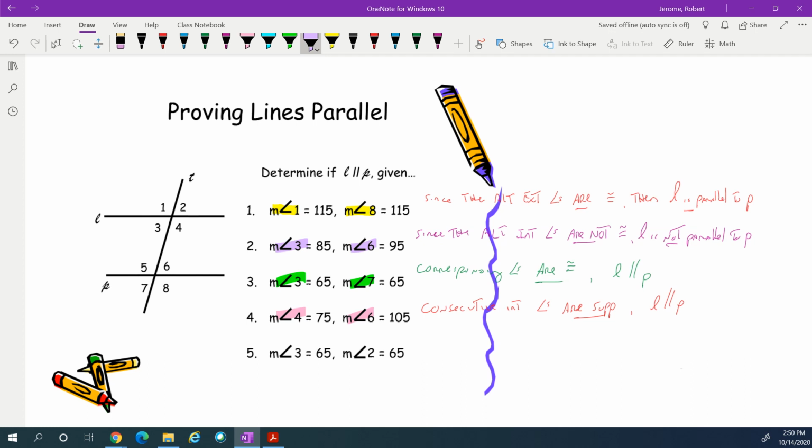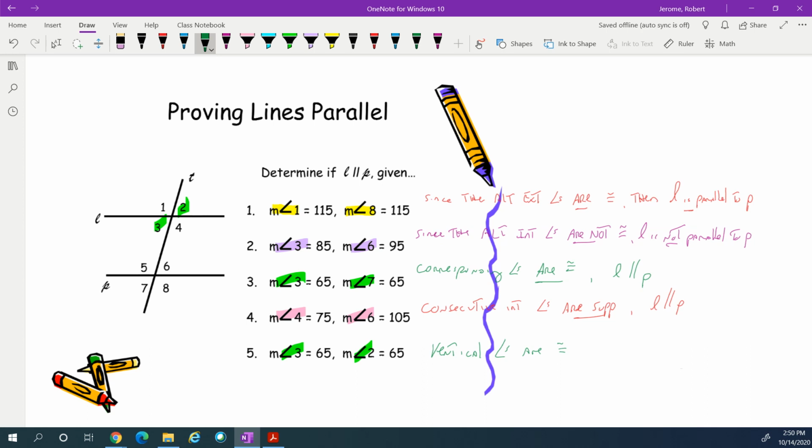And let's see what we have left over here. 3 and 2. So 3 and 2 are vertical angles. Vertical angles. They are congruent. But that has nothing to do with parallel lines.